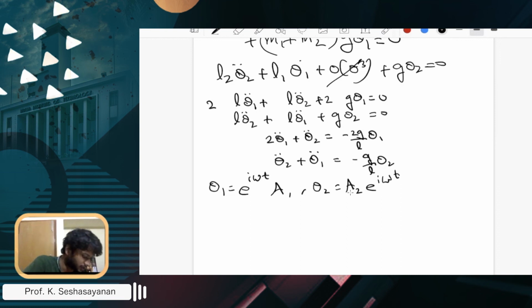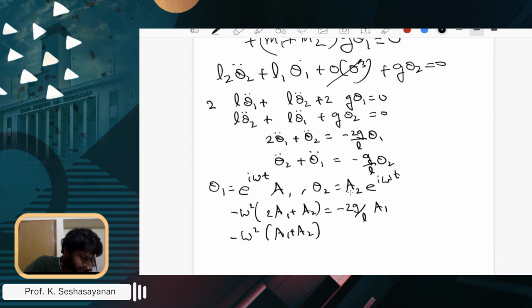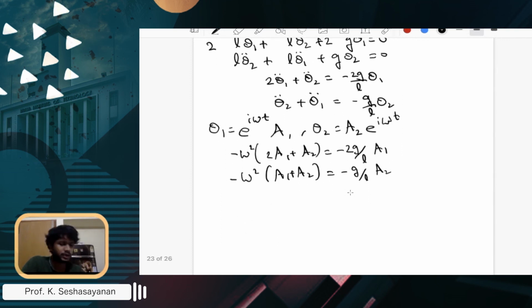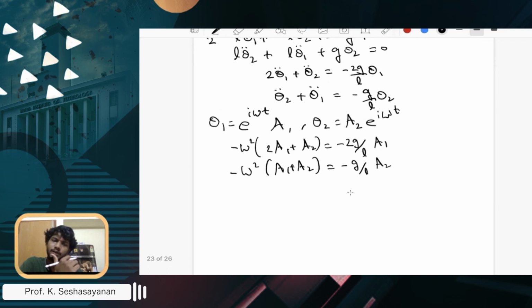So one can substitute such equations. Here what one gets is minus omega squared (2 a1 plus a2) equal to minus 2g over L a1, and in the second equation one gets minus omega squared (a1 plus a2) equal to minus g over L a2. So we are basically trying to find the solutions in the limit of small oscillations.